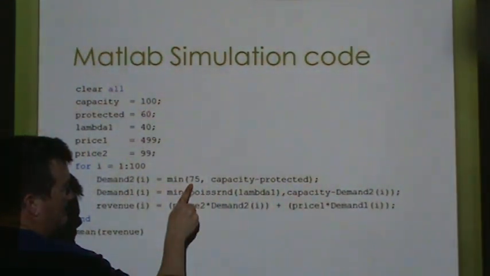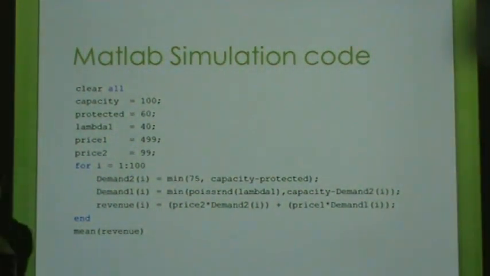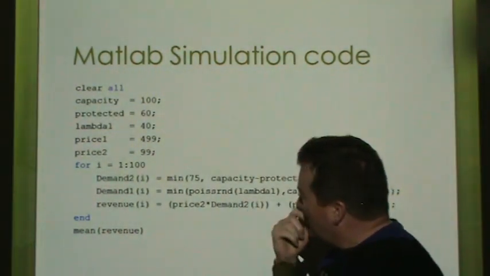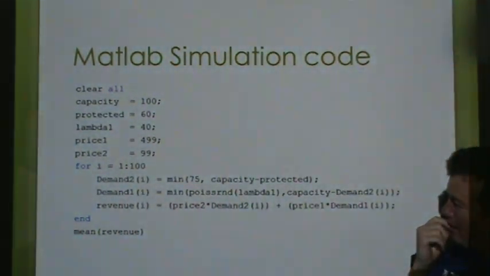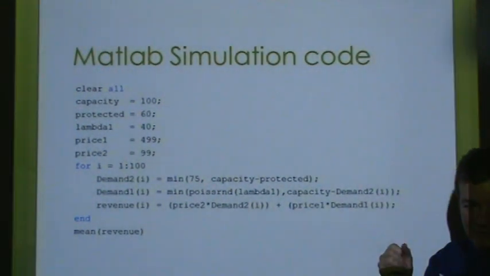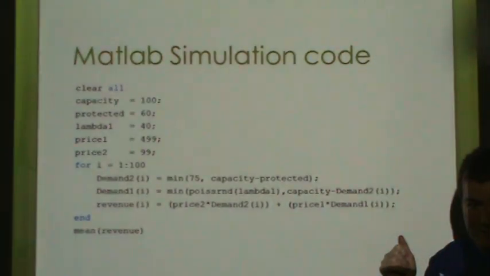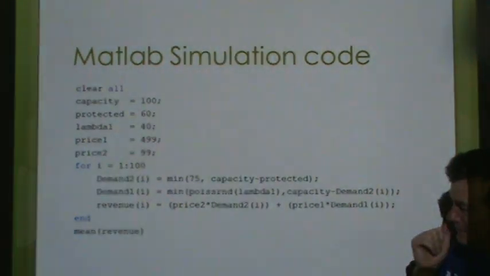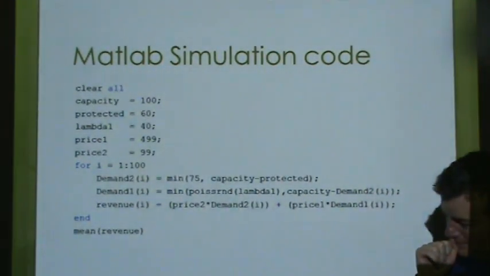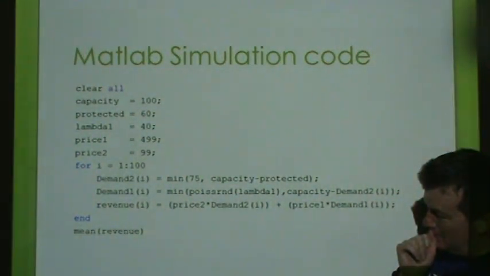The way we did it last time was, actually, is there a question about this that says how many people will show up at price level 2? No, one of the questions is, if 70 people are willing to pay the high price, how many will we sell?